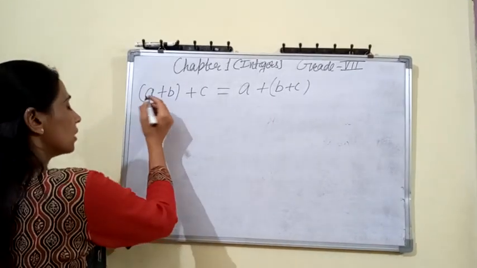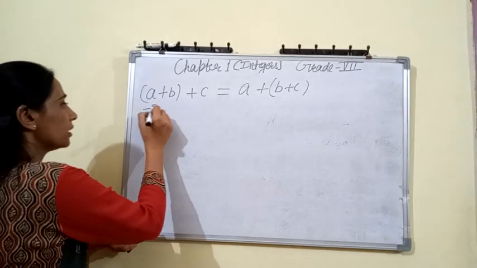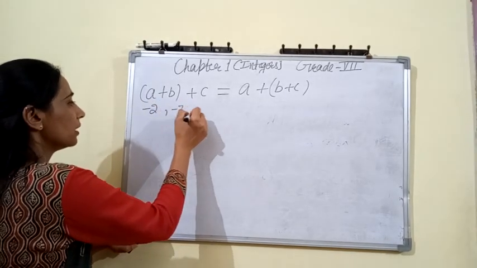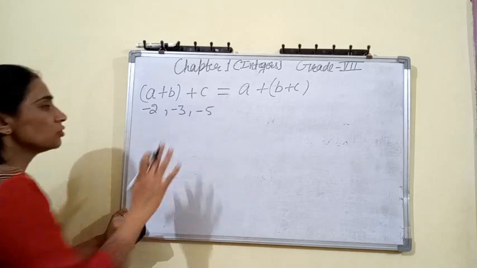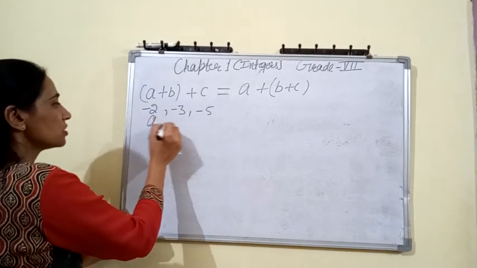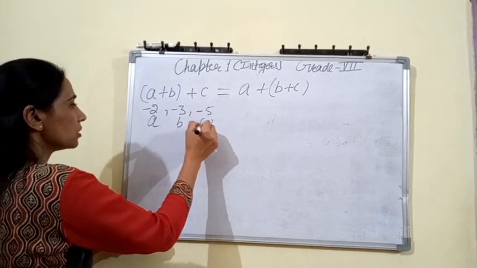So let us check. I'm taking integers -2, suppose -3 and -5. These all are integers. Suppose this is A, this is B, this is C.